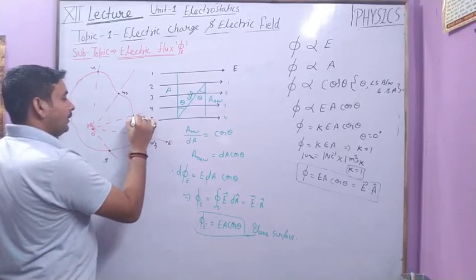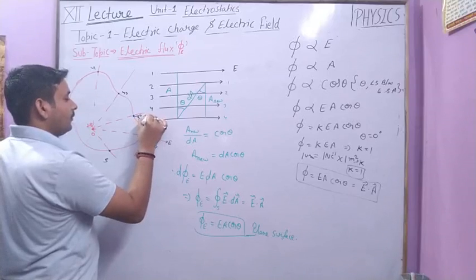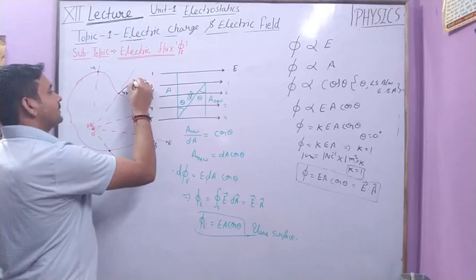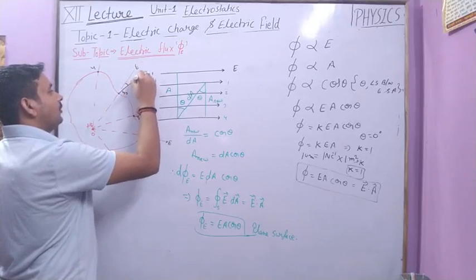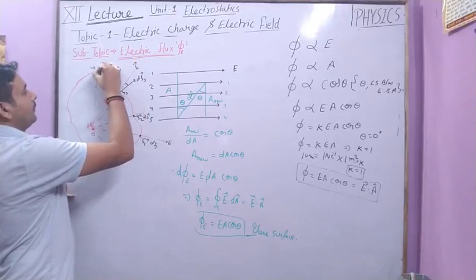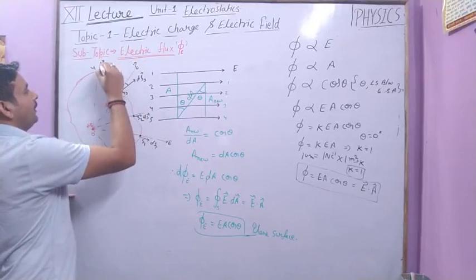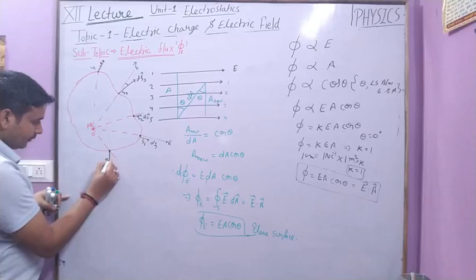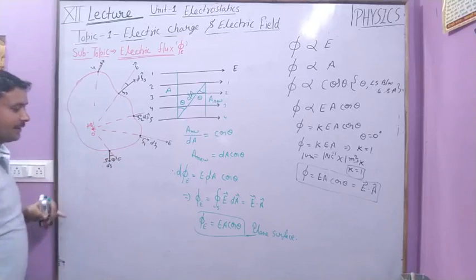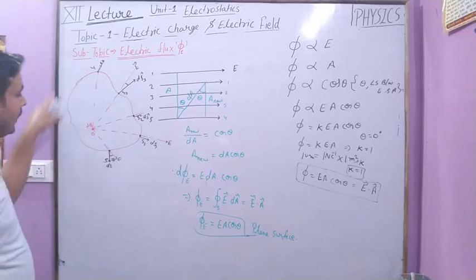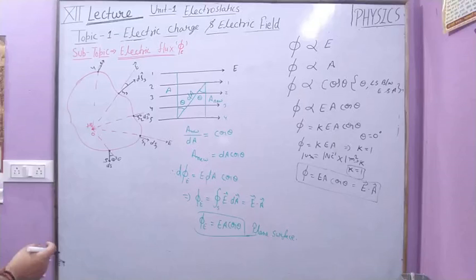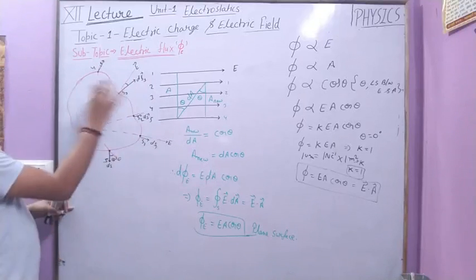Here again the area vector is in the direction of the electric field, but for S3 the area vector is at an angle to the electric field, and here again with a small angle, and here we observe a larger angle between the area vector and the electric field.